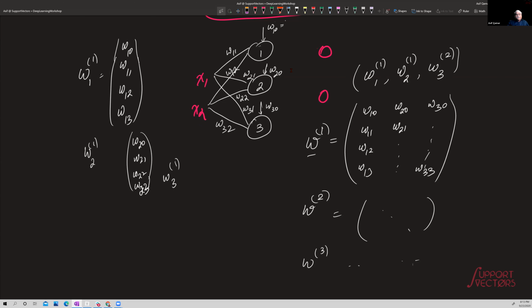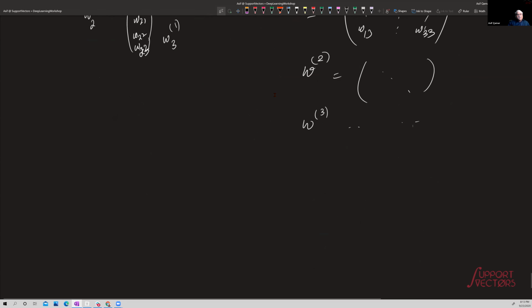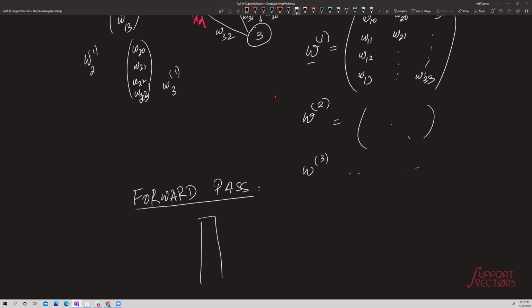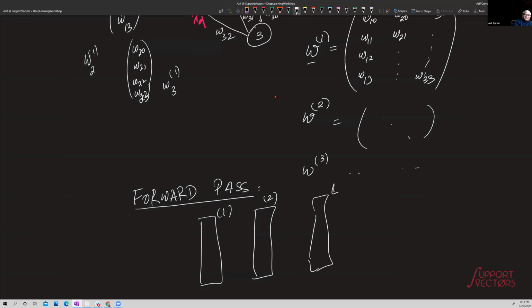Now we will look at something that I would call the forward pass. In the deep neural network literature, you call it the forward pass. Suppose you have a neural network, layer 1, with layer 2, up to layer L, and you take the X vector and you multiply it through each of these.